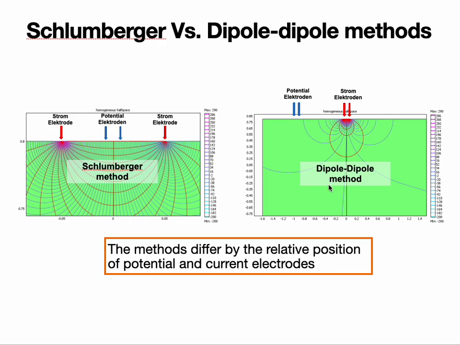The other method, which is mentioned now, is the dipole-dipole method. It's basically using again 4 electrodes, but it's locating the potential electrodes in a completely different manner than the current electrodes. So these two methods differ by the relative position of potential and current electrodes.